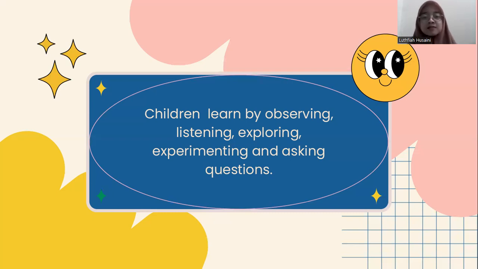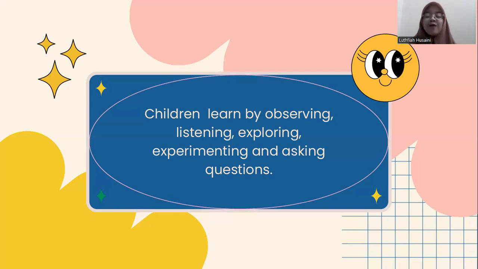The last step is asking questions. Children like to ask a lot of questions of the people around them, like why is this like this, why is this that, because in their heads there are a lot of questions.